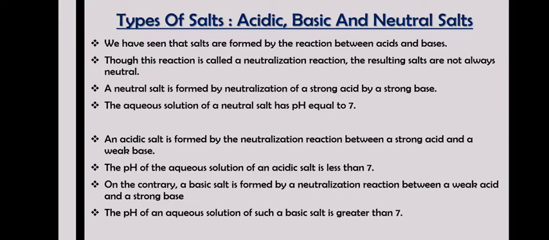Then a weak acid and a strong base will give you basic salt, because the base is strong, correct? So basic salt, and its pH will be more than 7. Followed, students? So these are different types of salts: acidic salt, basic salt, and neutral salt, correct?